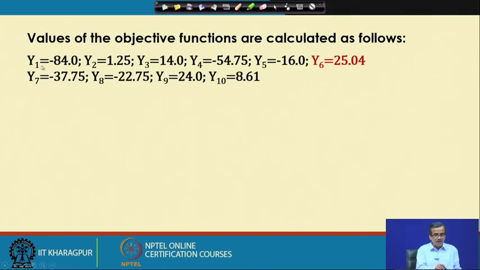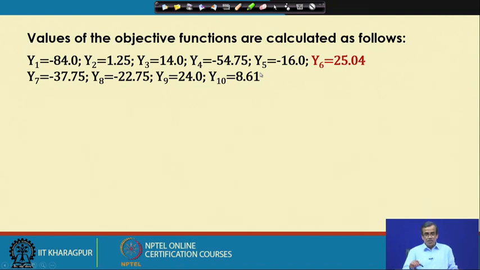Say y1 will come as -84.0, y2 is 1.25, y3 is 14.0, y4 is -54.75, y5 is -16.0, y6 is 25.04, y7 is -37.75, y8 is -22.75, y9 is 24.0, y10 is 8.61.